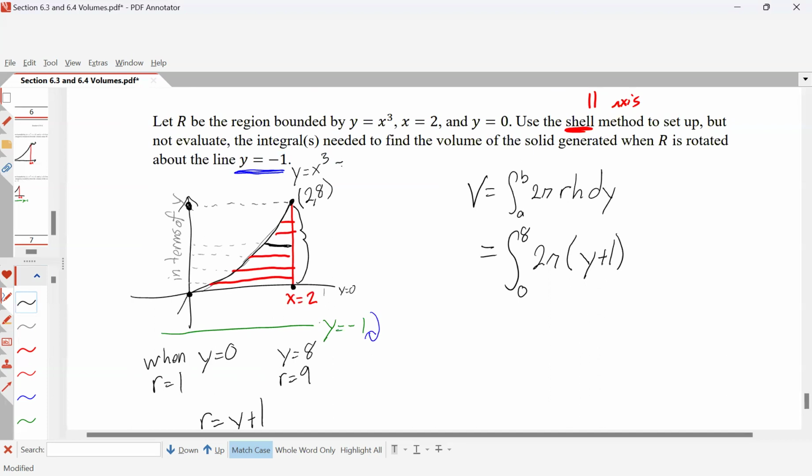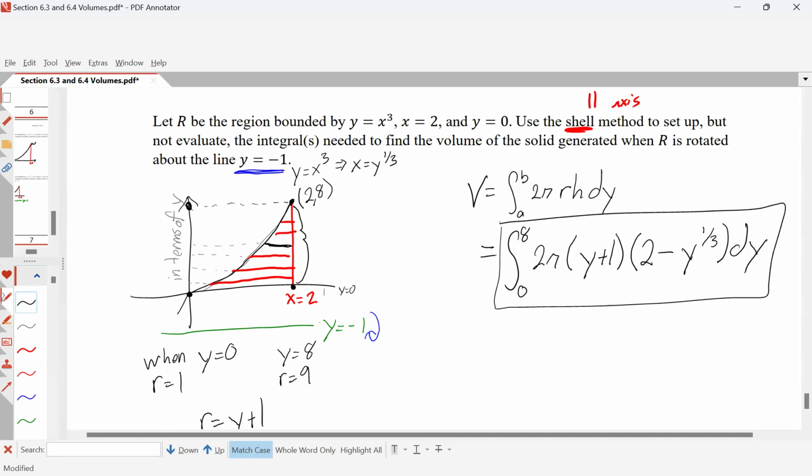So y equals x cubed is the same as x equals y to the 1/3. Finding the height of these functions is that farthest distance, x equals 2, minus the closer function, y to the 1/3. This integral will find the volume created when this region is rotated around the line y equals -1.